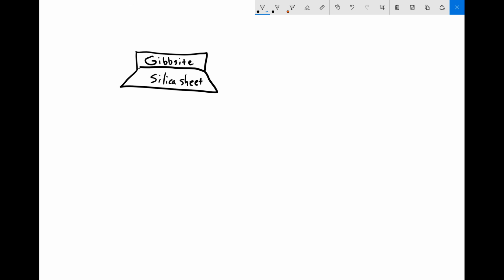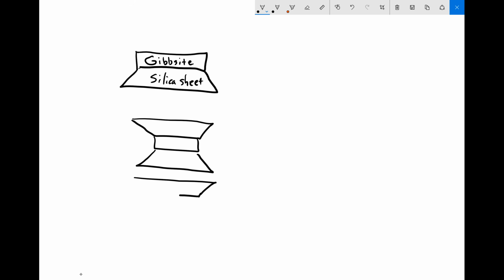So I can start to stack these sheets in different patterns. For instance, I may stack a silica sheet with a gibbsite sheet and another silica sheet down here. And it could go on. I could stack them like this.